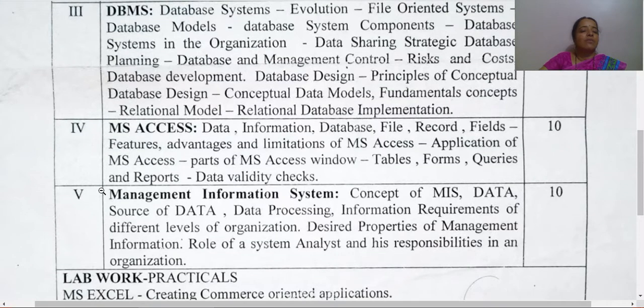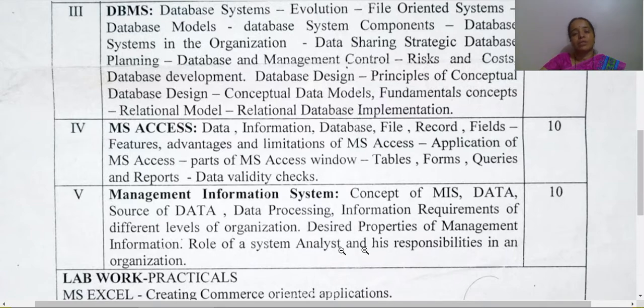Next we'll go for the fifth unit, that is the Management Information System, MIS. So in any firm, how to collect the data, that is regarding the information system, data processing, and what are the requirements of different levels of organization, collection of information, desired properties of management information, and system analysis.